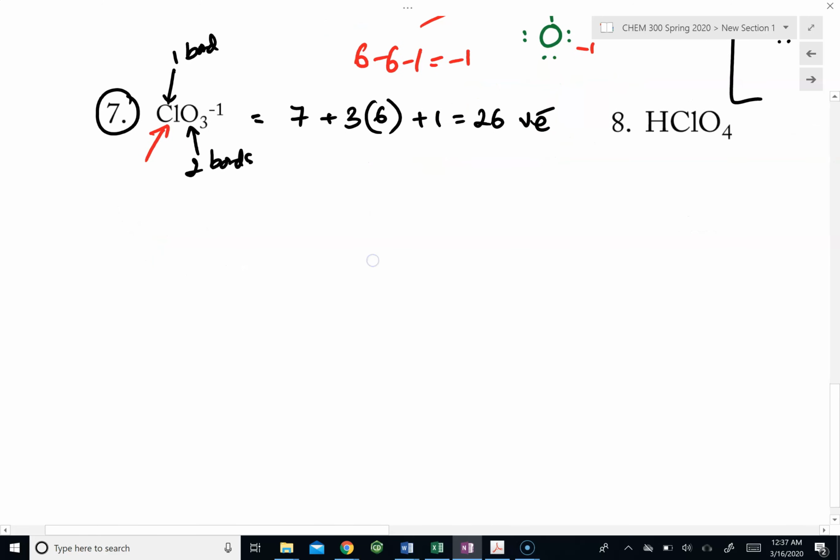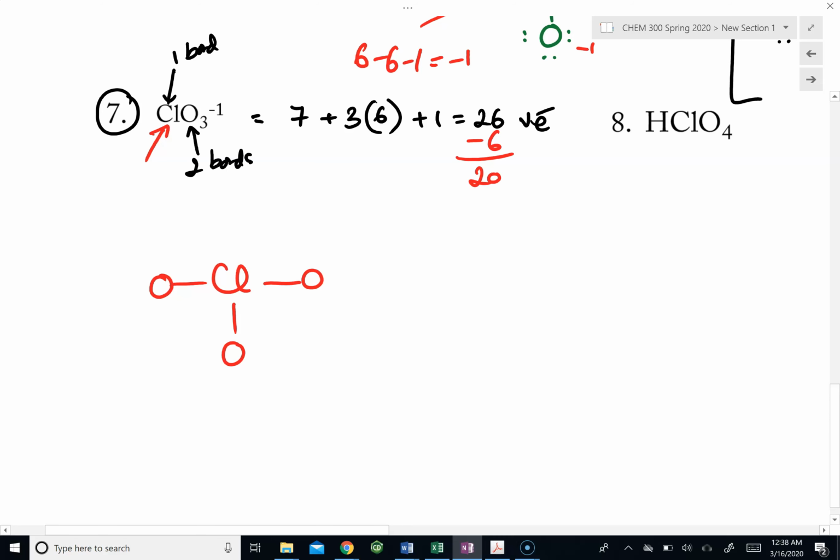So we put the chlorine down first, and now we have 3 oxygen. Again, we need to connect them symmetrically to the chlorine, and that's what we would have. Here we are using 6 electrons to form this skeletal structure, and we have 20 valence electrons remaining.